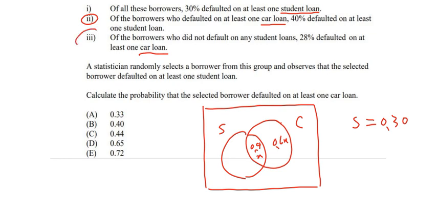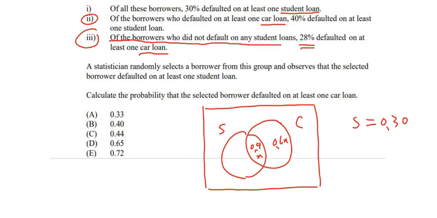Then check this condition: of the borrowers who did not default on any student loan, 20% default on the car loan. So here it's just conditional probability.